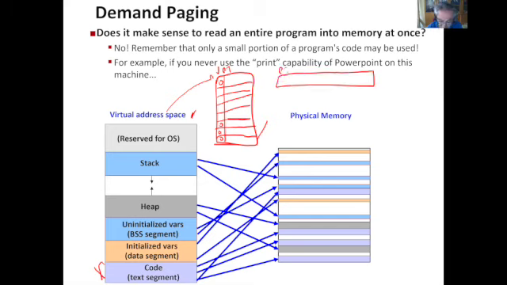Remember our page table entries here. I said there's this valid bit, and if the valid bit was 1, then I would have the PPN plus maybe other bits here. I'm neglecting the other bits for the time being, so it's basically the valid bit plus the PPN.